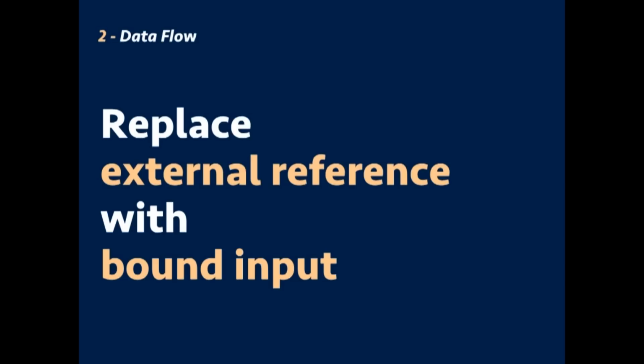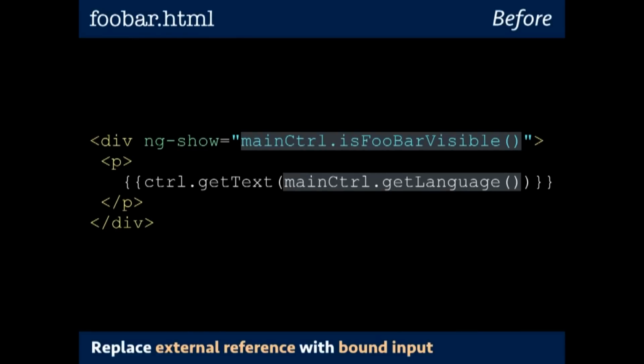And I think the most important refactoring in this case is to look at external references that the component code is making and replacing those references with bound inputs. So by example, what I mean here is that if you have a component with a template like this, there are some expressions in that template referencing something that's not owned by the component.